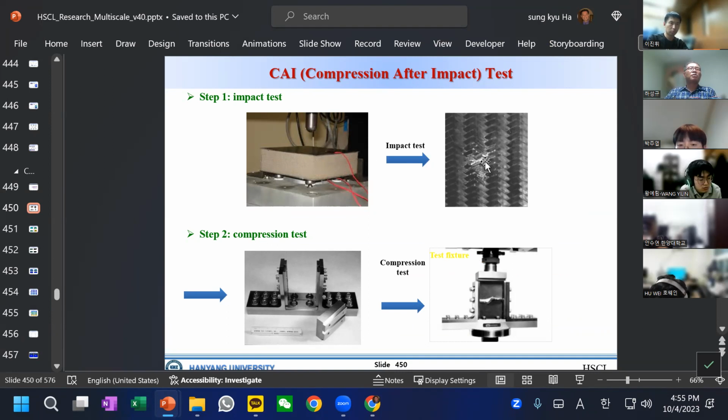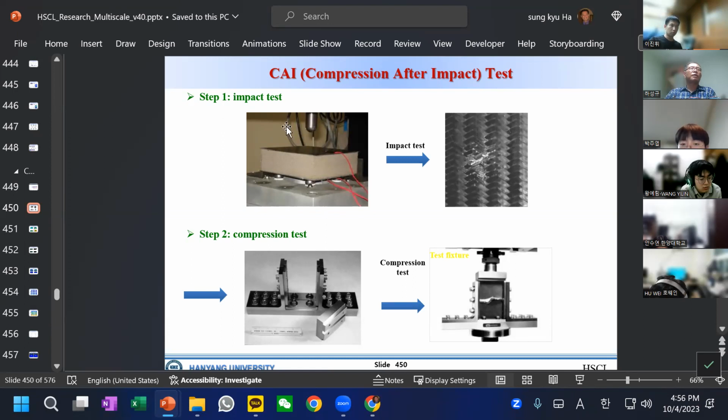Now this damaged structure will be subject to compression, and then how the compressive strength can be degraded under this impact.